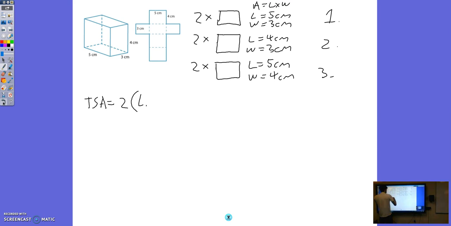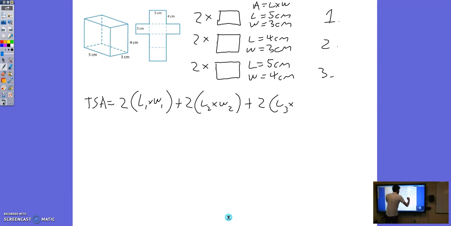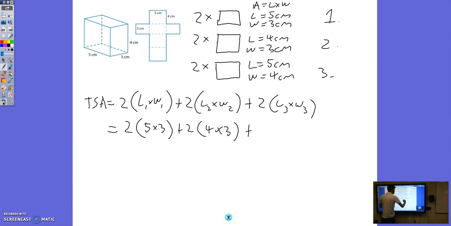So 2 times length 1 times width 1, plus 2 times length 2 times width 2, plus 2 times length 3 times width 3. Or we substitute that in. That is 2 times length 1 times width 1, 5 times 3. Plus 2 times length 2 by width 2, 4 times 3. Plus 2 times length 3 by width 3, 5 times 4.